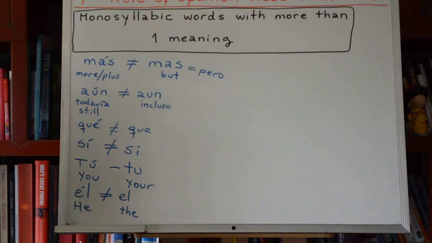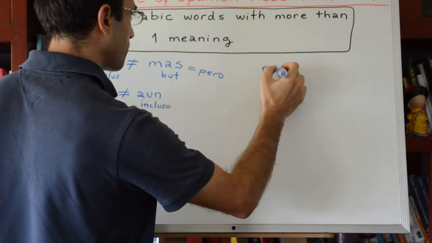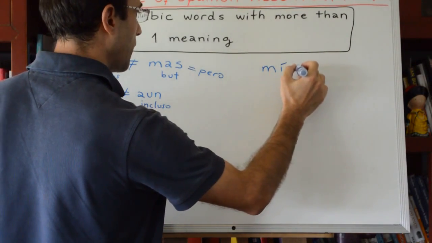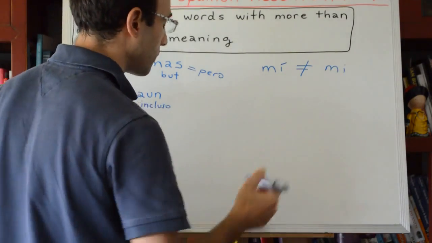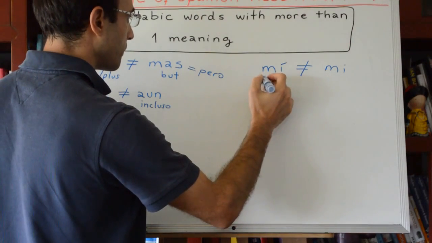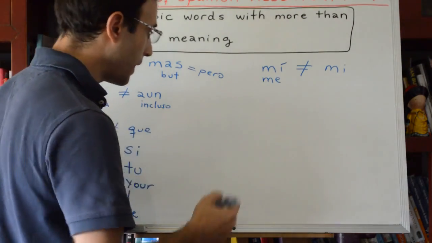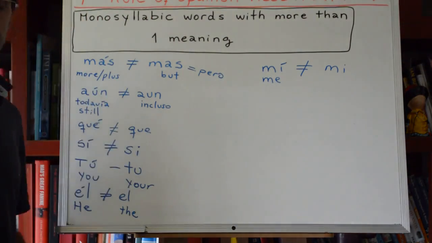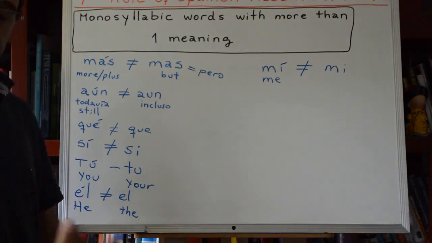Let me think of some other example. Mi, for example, right? Mí and mi, right? Mí here means me. Like, for example, esto es para mí. This is for me.